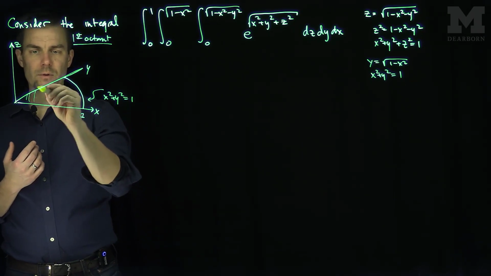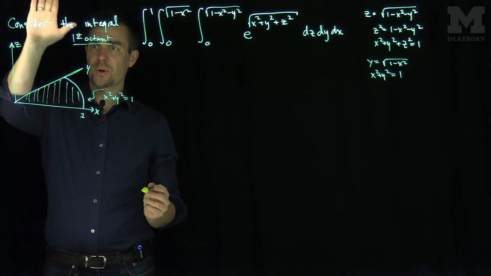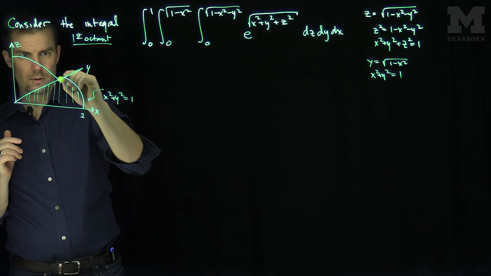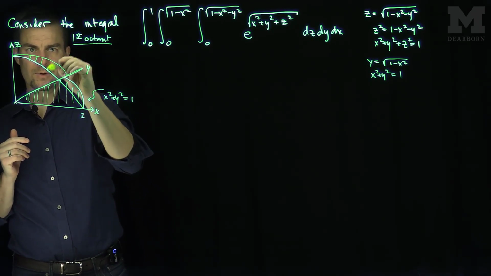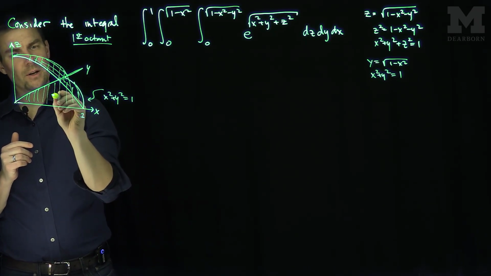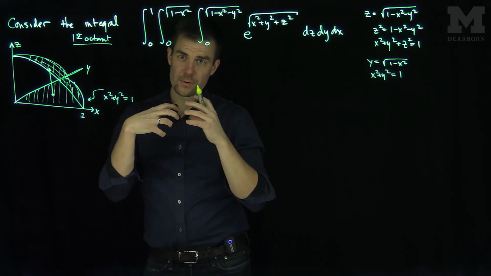Then for every point down over here in the xy plane, z starts on the xy plane and goes up to the unit sphere. So let's draw the unit sphere. Like that. So there's my unit sphere, or at least the part of the unit sphere that lies in the first octant. And so z is going from here up to here, so that's our region of integration. So basically I'm in the first octant and inside the unit sphere.